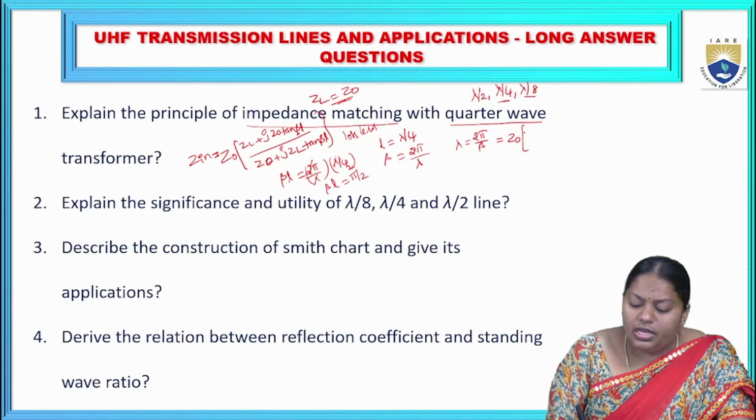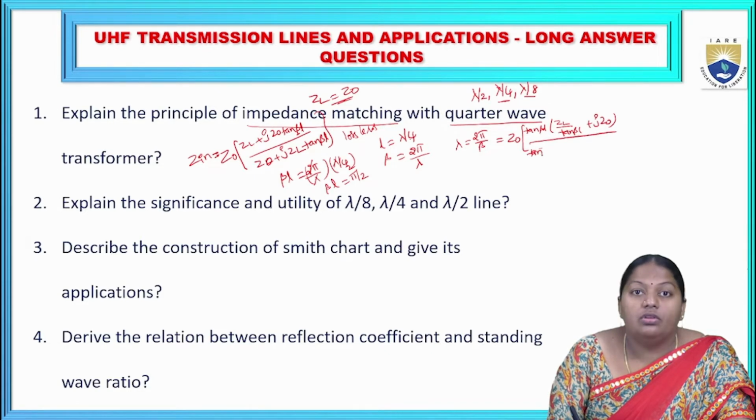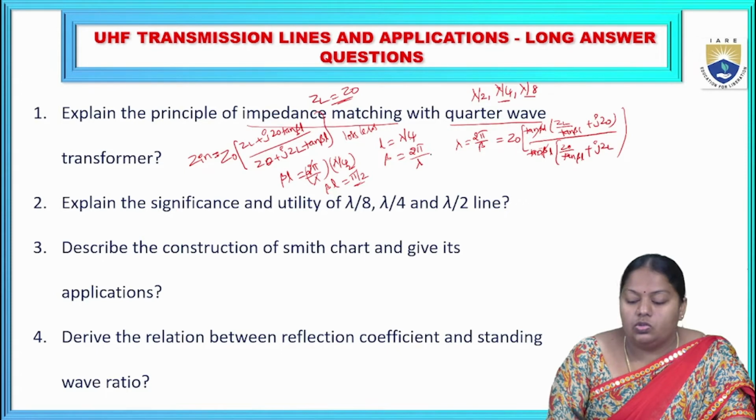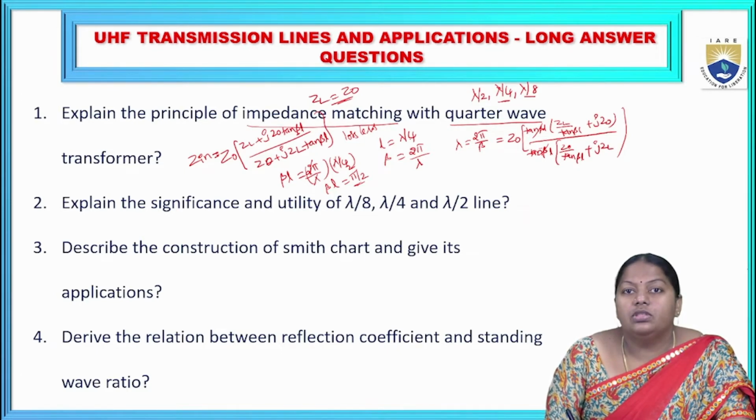Now if you take tan beta L as common, then it becomes Z0 into (ZL by tan beta L plus jZ0) by (Z0 by tan beta L plus jZL). Here, substituting beta L as pi by 2, tan pi by 2, that is tan 90, becomes infinity.